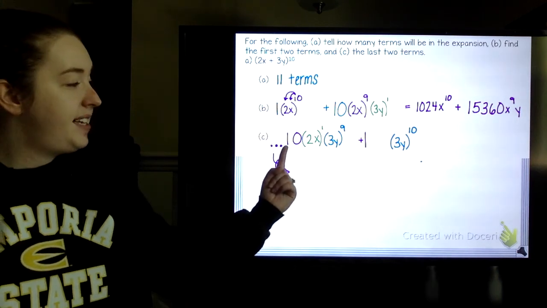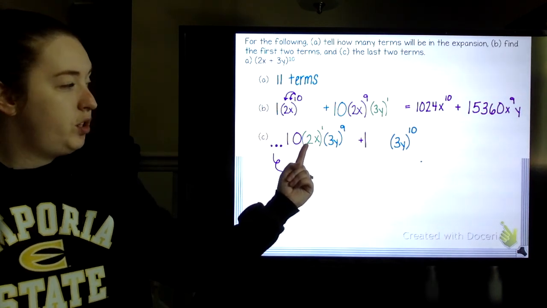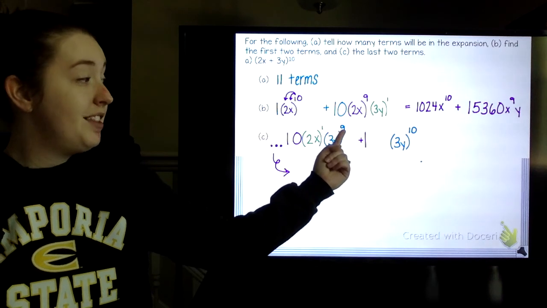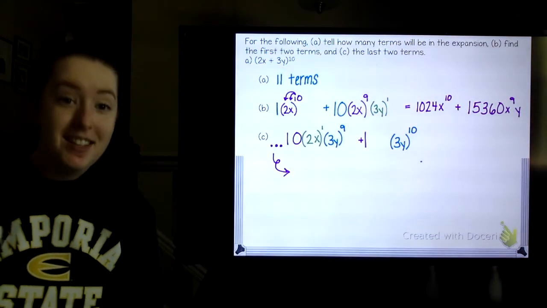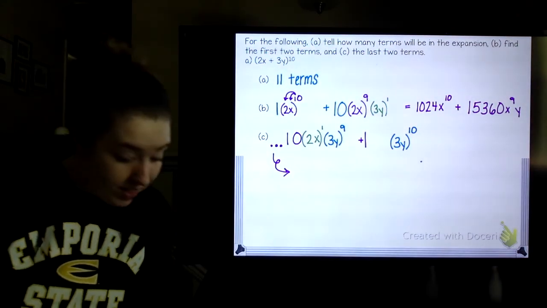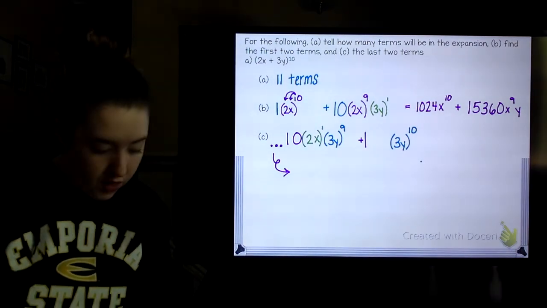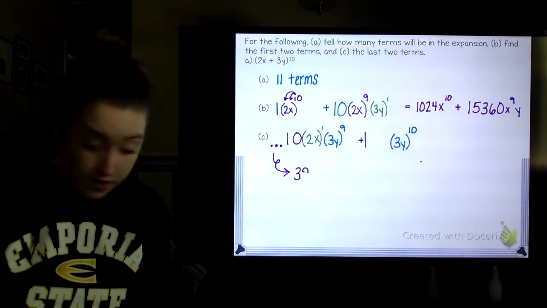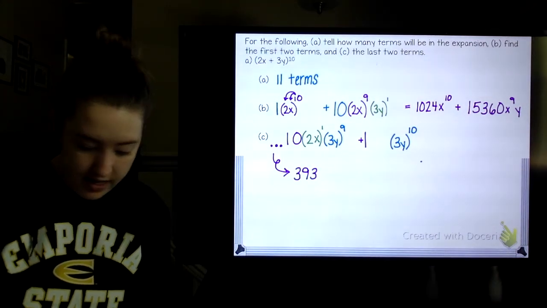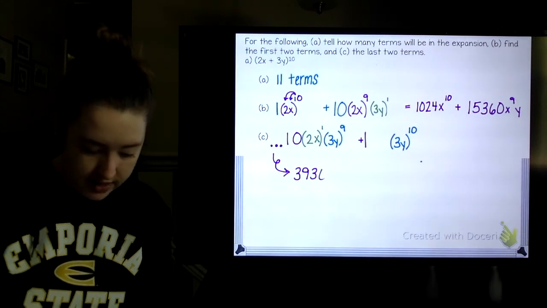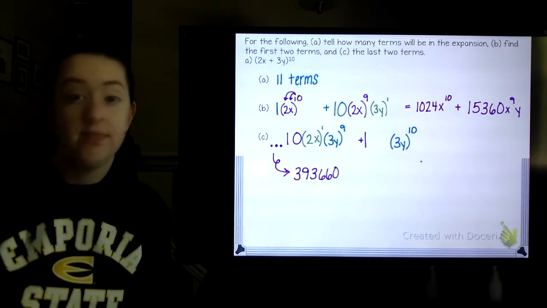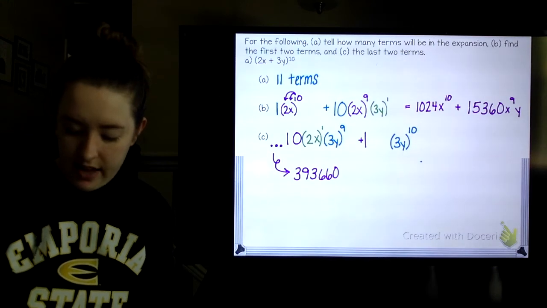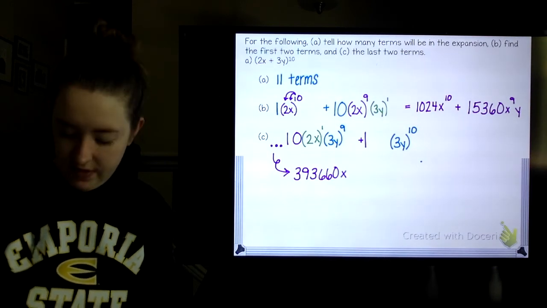So I have to take 10 times 2 times 3 to the 9th. 10 times 2 times 3 to the 9th is 393,660. X was to the first power.